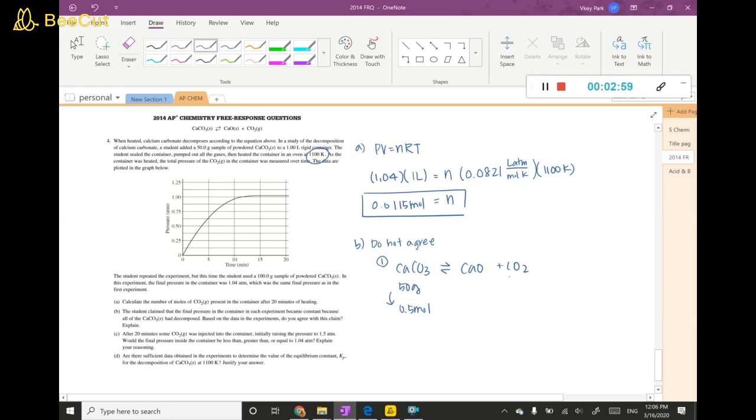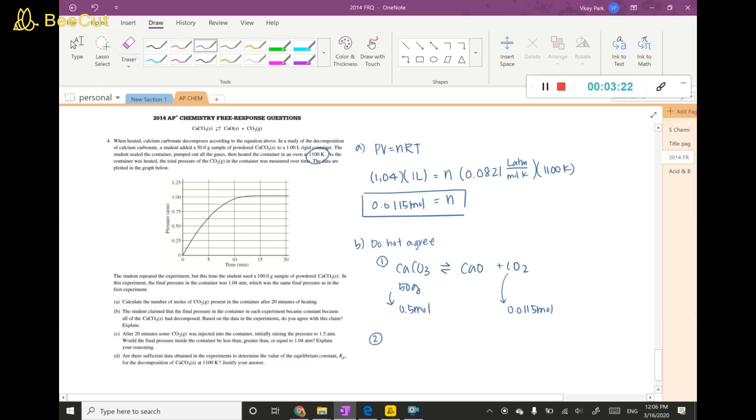But how many moles of CO2 did I end up with? I ended up with 0.0115 moles. So is it true that the final pressure is constant because all the CaCO3 decomposed? No, because if the moles change, then the pressure changes due to PV equals nRT. So that's false. Let's look at a different argument.